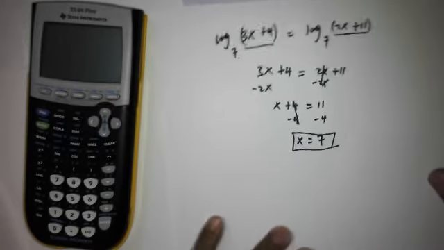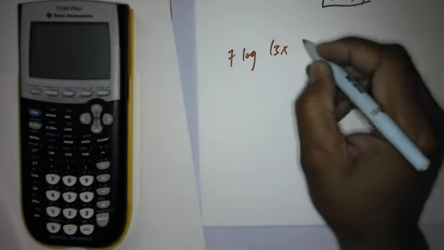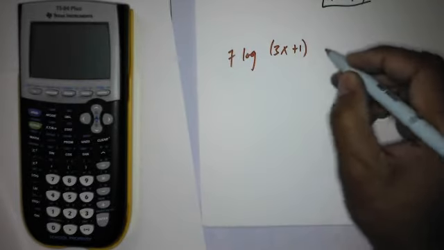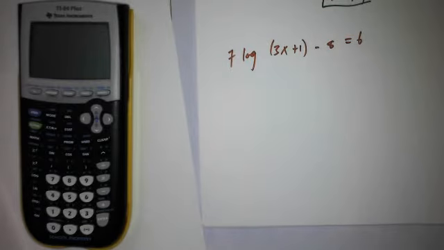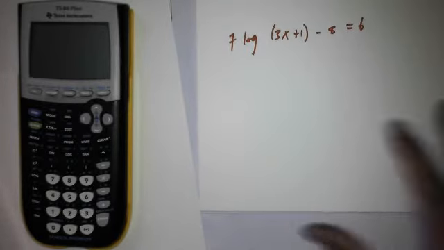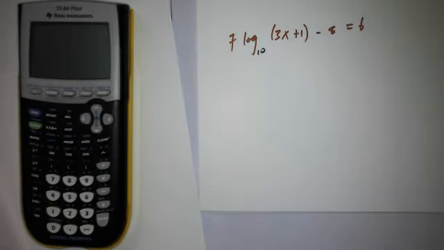Now let's look at another example real quick. So example 3, we have 7 log 3x plus 1 minus 8 equals 6. Again, if you look at this, you don't see a base on the log. So because there's no base on the log, we know that's base 10.